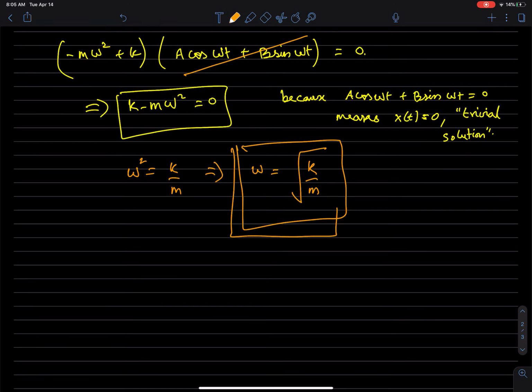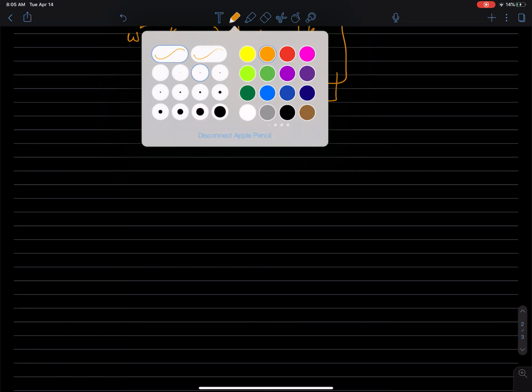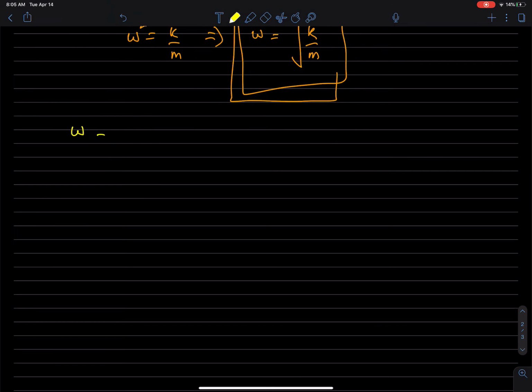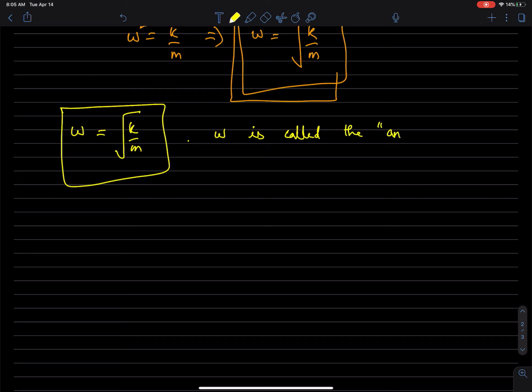Omega equals square root of k over m. Omega is often called the angular frequency of oscillation.